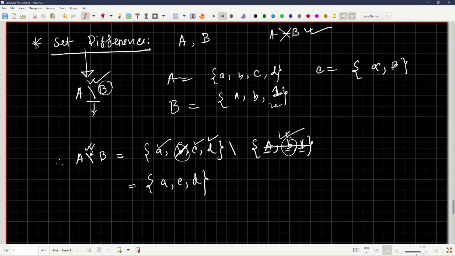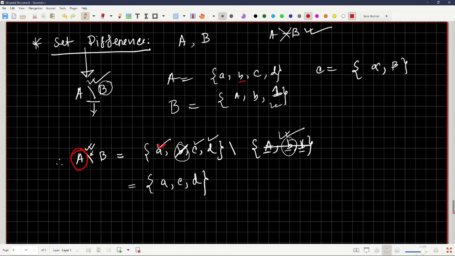Okay, so you can think of this thing in another way. That is, focus on the set on the left and find all the unique elements that are not in B. That's another way to think of it, because if you take small a, it's not in B, because B consists of capital A, small b, and 1. What about small b?